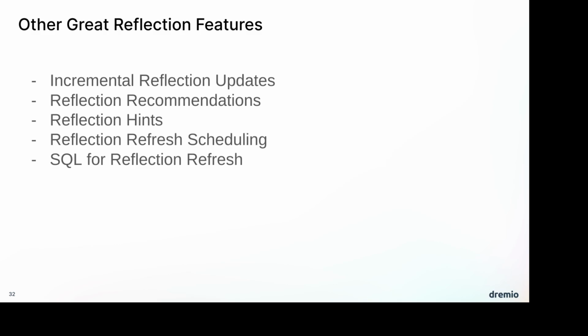But as you get bigger and bigger data sets, then that becomes a little trickier because it'll take some time to rebuild that reflection. But if the underlying raw data is an Apache Iceberg table, then the updates on the reflection are incremental because it can capture the change data or the delta between the different Iceberg snapshots and then translate that over to the reflection.